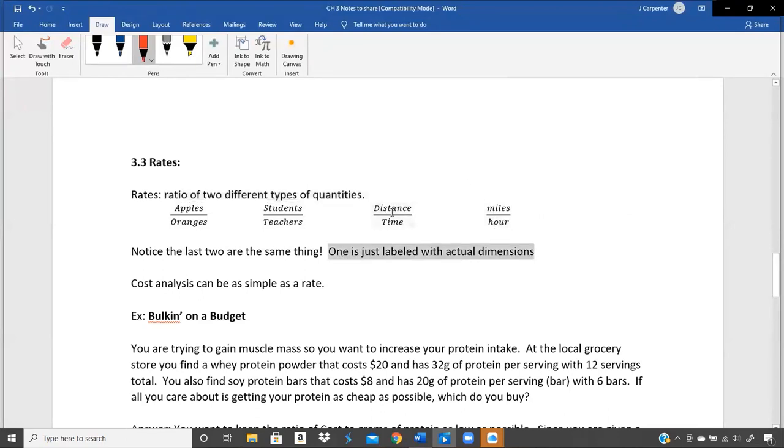So distance and time would be the actual quantity types, whereas miles per hour or feet per second or kilometers per day, those would be labeled with units. Now, it doesn't matter how you label them as long as you give them an accurate label that you can use and repeat accurately.